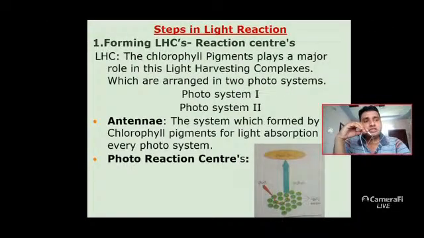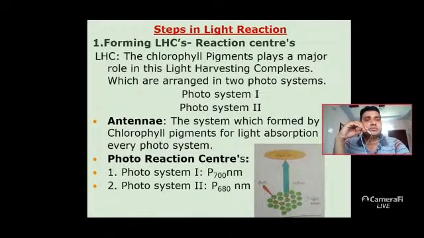Photosystem 1 is P700, 700 nm, which means 700 nanometers of wavelength. The system which involves 700 nanometers of wavelength of the light is called photosystem 1. And photosystem 2 is the system which involves 680 nanometers of wavelength.